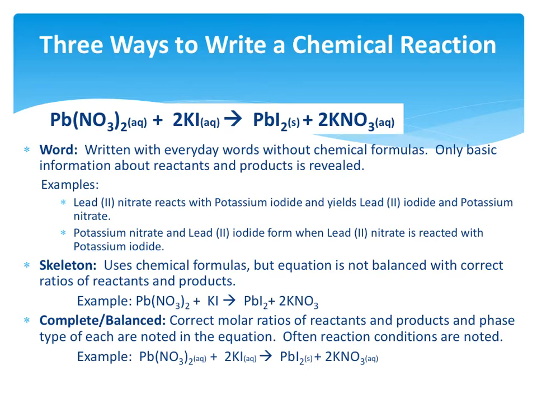Here's an example. Let's look at this as our model chemical reaction equation that is fully developed, and see how we can translate it into words. We know this compound is a reactant, and this compound is a reactant. So we'd say lead 2 nitrate reacts with potassium iodide and yields lead 2 iodide and potassium nitrate.